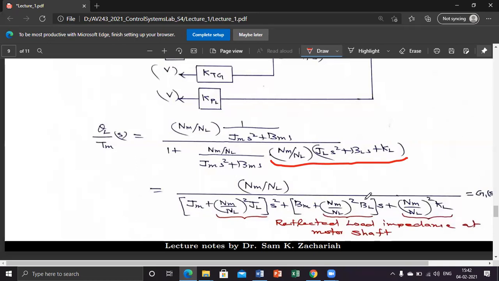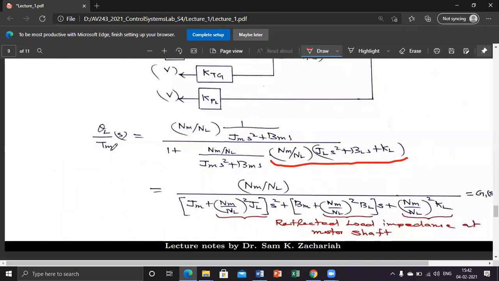Similarly, any load damping is also reduced by this 10 raised to minus 4 times, and any load stiffness also will be reduced by the same amount. Thus, the reflected load impedance at the motor shaft is given by this quantity, along with the already available motor side impedance, inertia or damping, that will give the equivalent impedance.